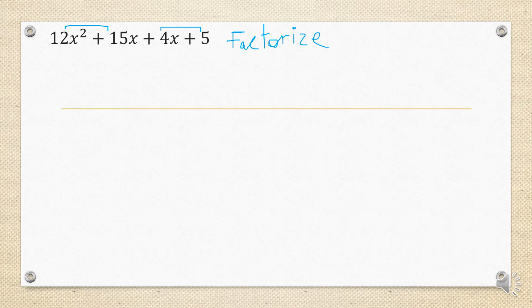We can use 3, because 3 can go into 12 and 3 can go into 15. So we can use 3. Now the next thing, when we're factorizing by grouping, let's look how this looks. If you cannot factorize, or you would not understand how to factorize this pair and this pair, what can you do?